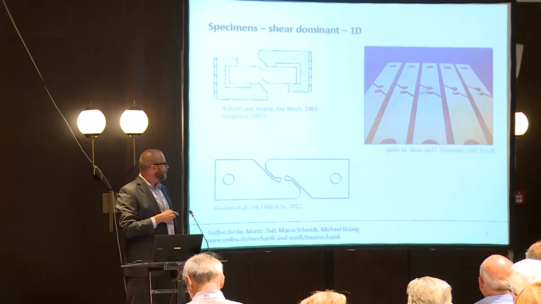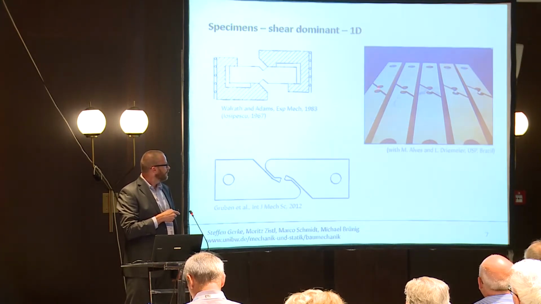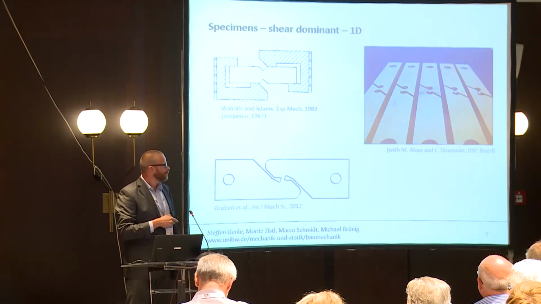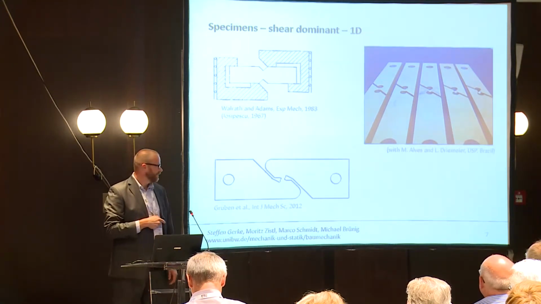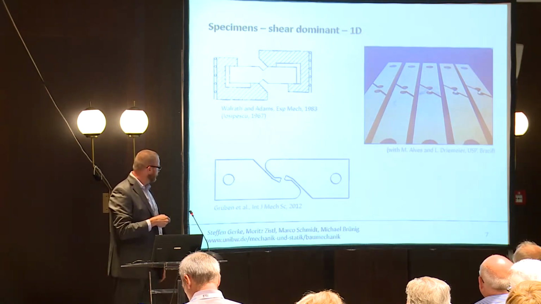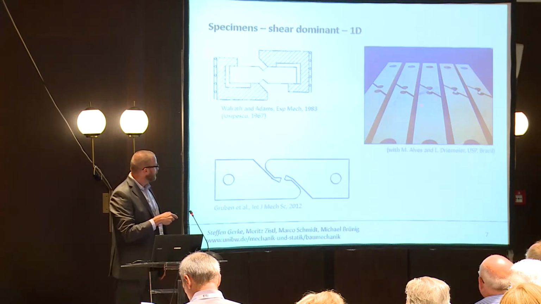We first started out with an unnotched version, and we had very big rotations here of the central part. So we didn't have shear mechanisms, but rather tension mechanisms. By introducing notches, we could concentrate that, but not completely avoid it. This specimen, and there are several others in the literature, has the same idea as we have shown here.